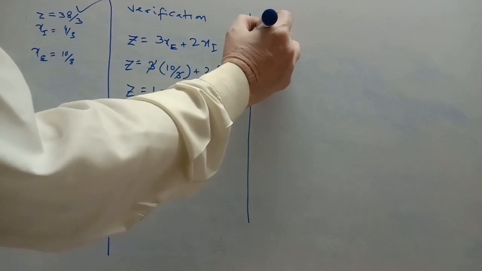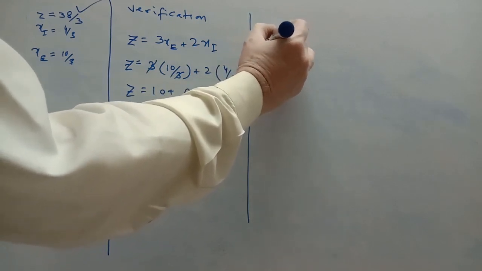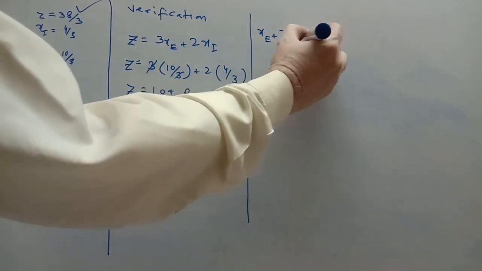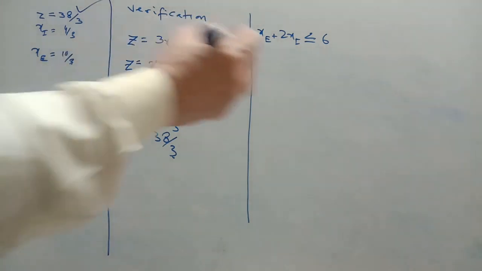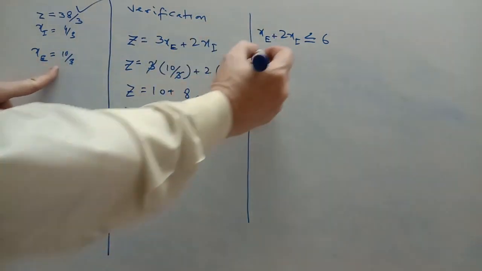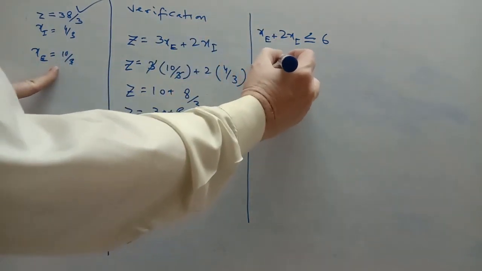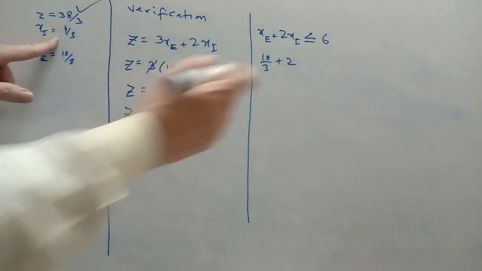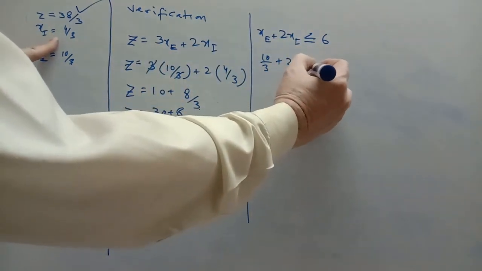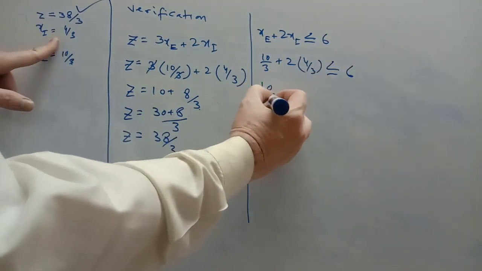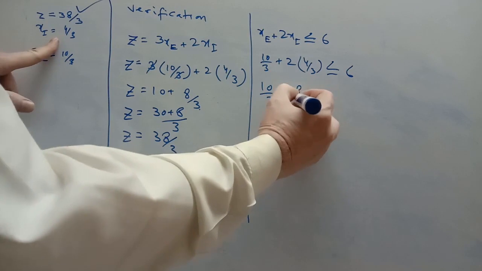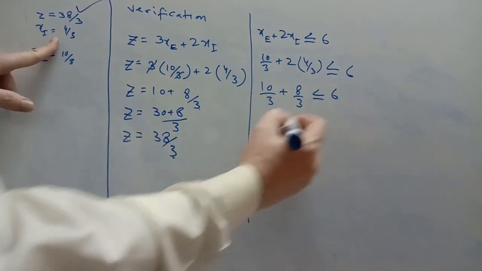So the first constraint was xe plus 2xi is less than or equal to 6. So remember, our first constraint was this one. The value of xe is 10 over 3 plus 2 into xi, xi value is 4 over 3, is less than or equal to 6. 10 over 3 plus 2 times 4 over 3, that is 8 over 3, is less than or equal to 6.